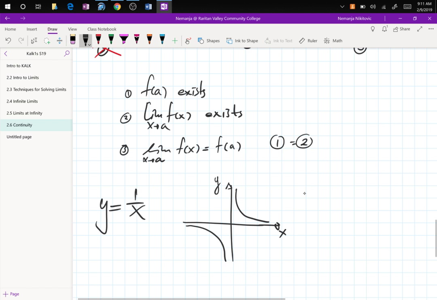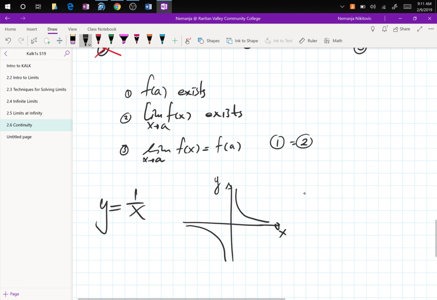So, is this continuous globally? Is it? Look at it. No. Right? What fails? You name it what fails. Everything fails. This is a function where everything fails.